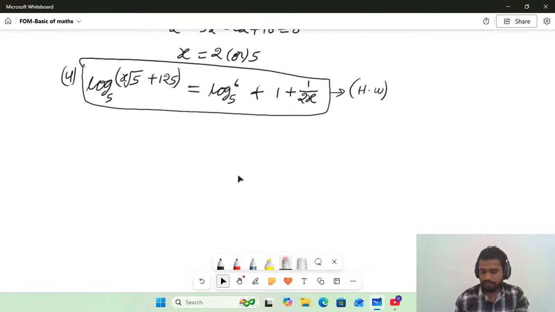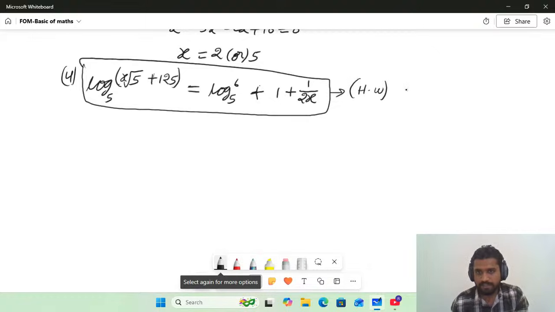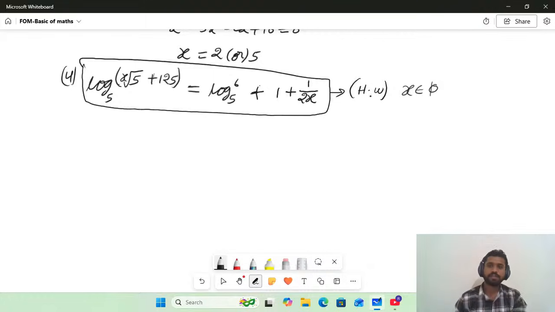Let me tell you the answer for this question. X belongs to empty set. What is the meaning of that? No value of x is satisfying this logarithmic equation.